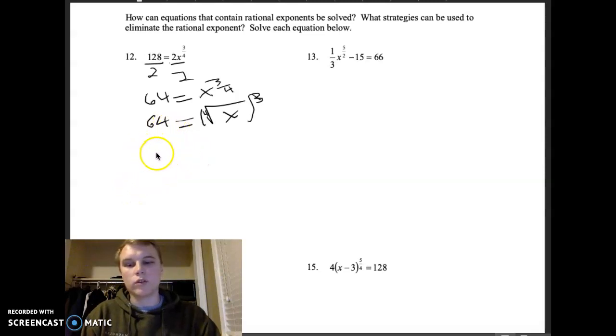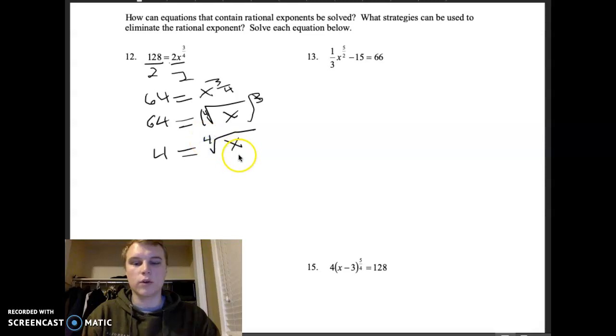When you do the cubed root of 64, you will get 4, and you have left over the 4th root of x on the right side. Then you're just going to raise everything to the 4th power. So this would be 4 to the 4th, and this whole thing will be raised to the 4th. Your root, your radical, and your exponent cancel each other out. So the right side, you're just left with x.